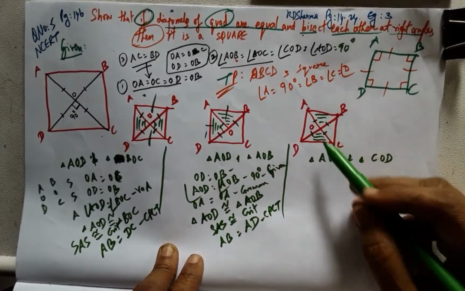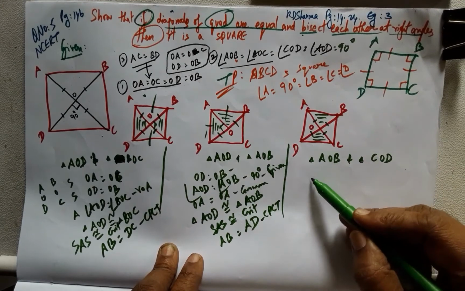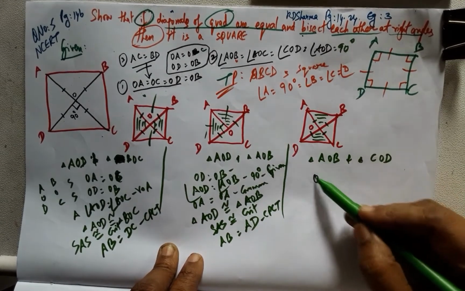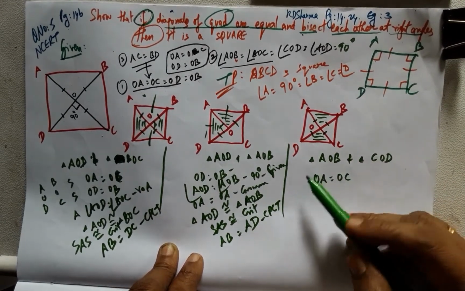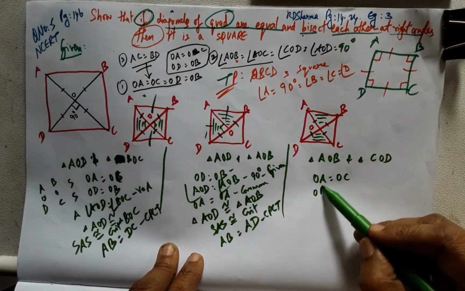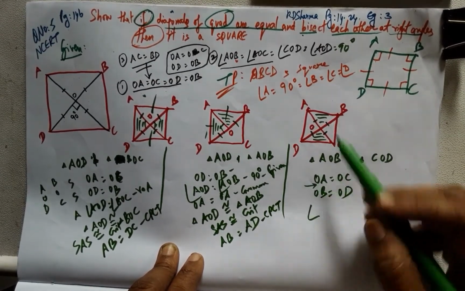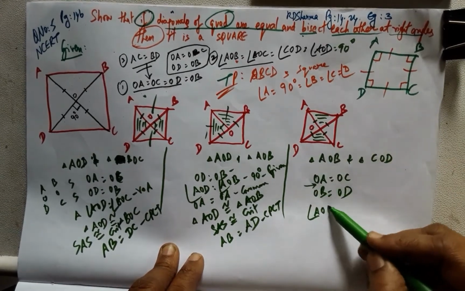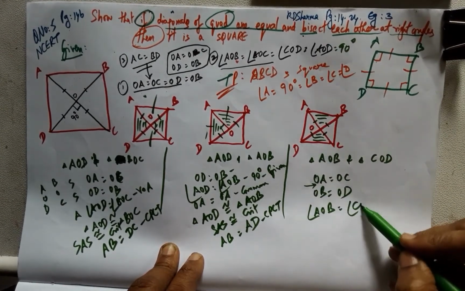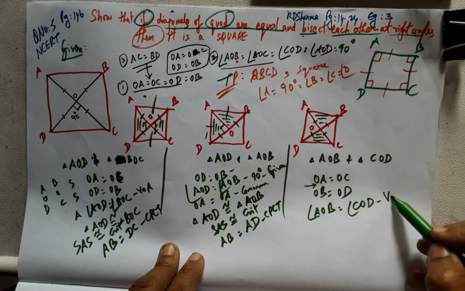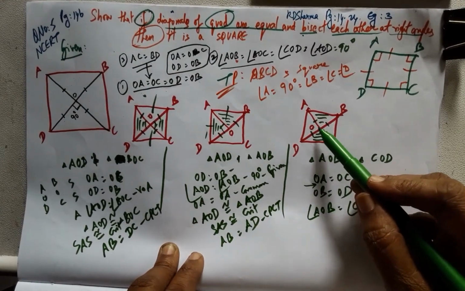Here once again in these two triangles we have OA equals OC and OB equals OD, and in between we have to write angle AOB equals angle COD. They are vertically opposite angles as well as 90 degrees has been given.